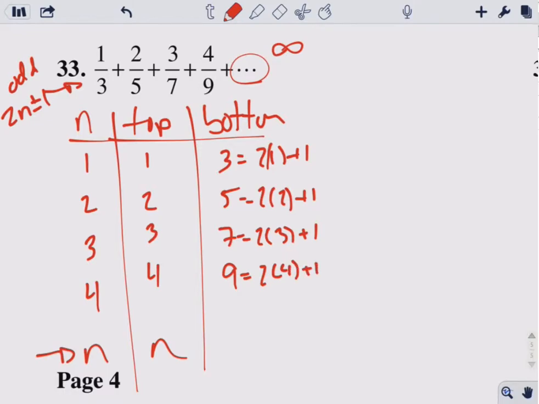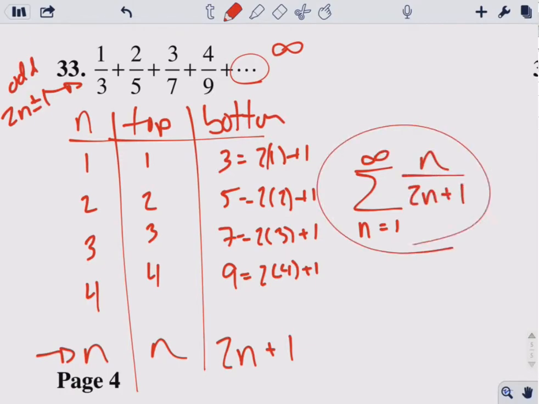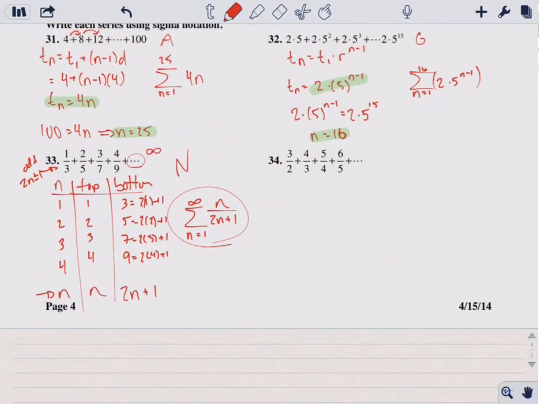So that works out. That makes it 2n plus 1. So I can write my generic summation from n is equal to 1 to infinity, the top is n, the bottom is 2n plus 1. Remember, that's neither, so that's why we have to do that kind of work.